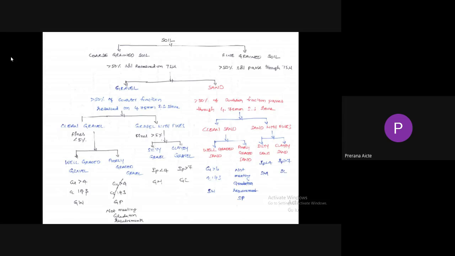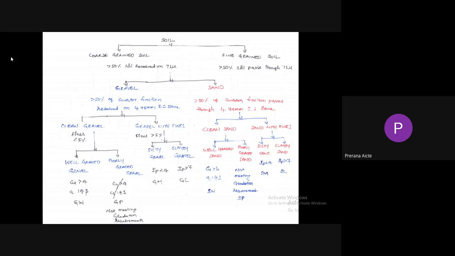How can we differentiate? Now we need to take the 4.75 mm Indian standard sieve. To differentiate coarse grain and fine grain, I took the 75 micron IS sieve. To differentiate whether it is gravel or sand, I am now taking the 4.75 mm Indian standard sieve.